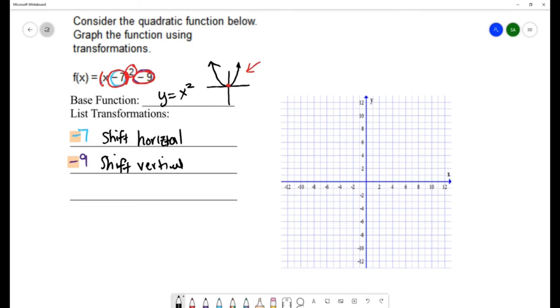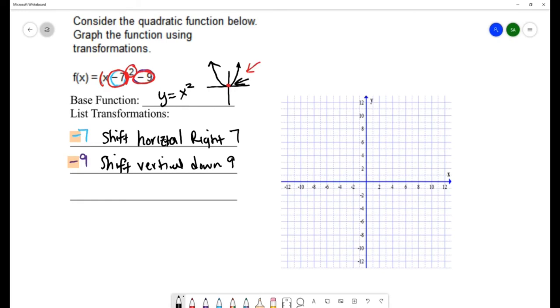So with a horizontal shift, if you have a minus, that means you're going right. And with the vertical shift, if you have a minus, that means you're going down. So we're going to go right 7 and down 9. What I'm going to pay attention to is that (0, 0), where the vertex was that we talked about earlier.